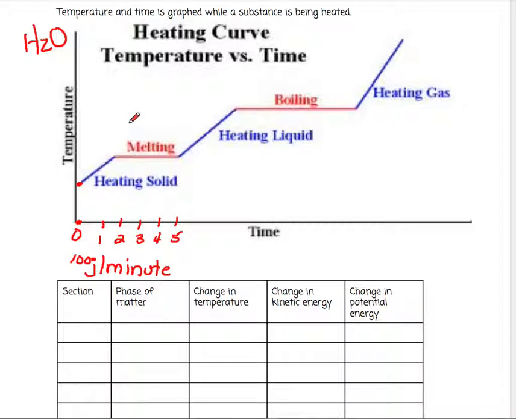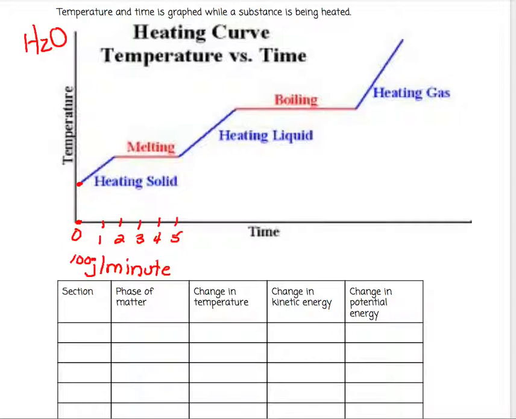Now, in the real world, that really doesn't happen, because you might put the ice cube next to the fireplace and it would be getting more heat per minute than if you left it on the table. But for all intents and purposes right now, we're going to be adding our heat at a very solid 100 joules per minute.